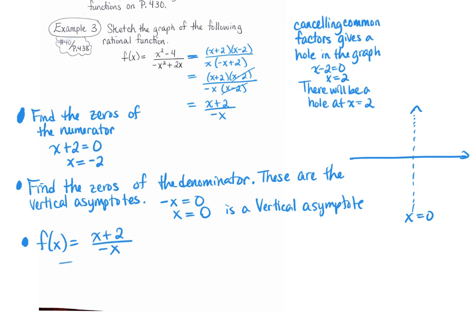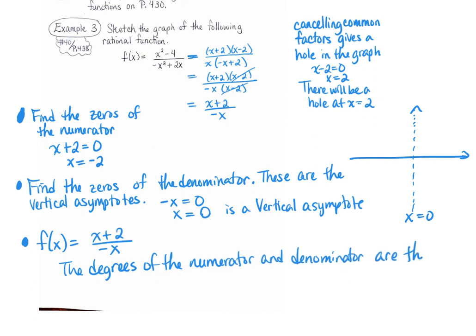So let's write the observation. The degrees of the numerator and denominator are the same. So that means we're in case 1 from my page before, right?